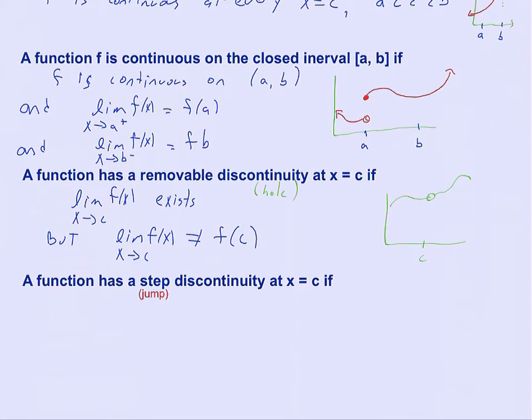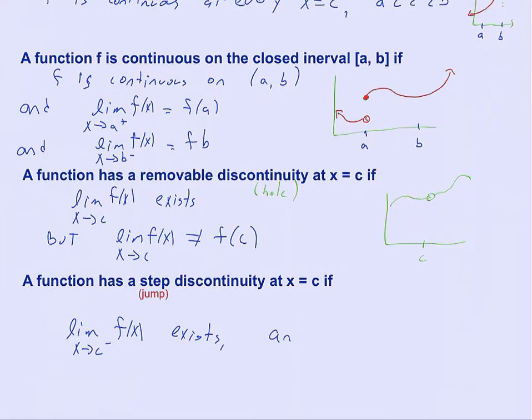And then the last kind of discontinuity, the second kind, is what we call a jump discontinuity. And that would be if there's a limit from both sides, but it's not the same. So the limit of f of x as x approaches c from the left exists, so there has to be a limit here.